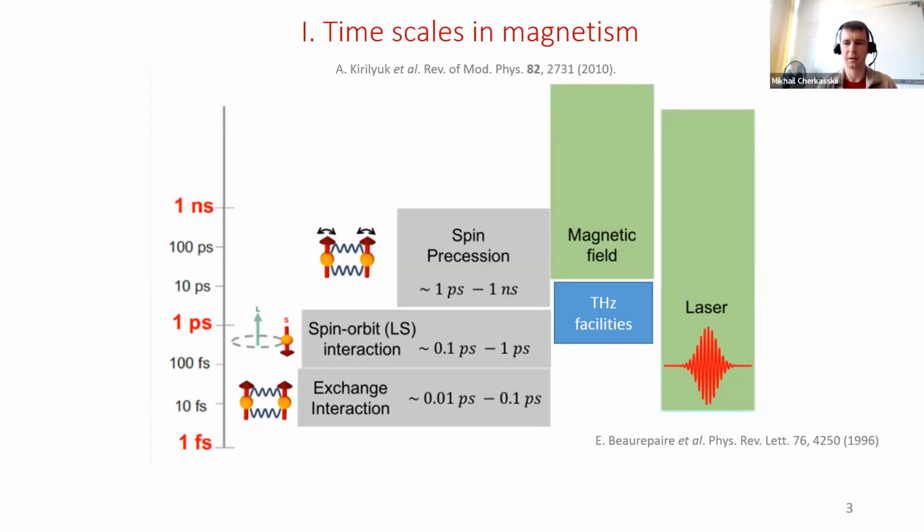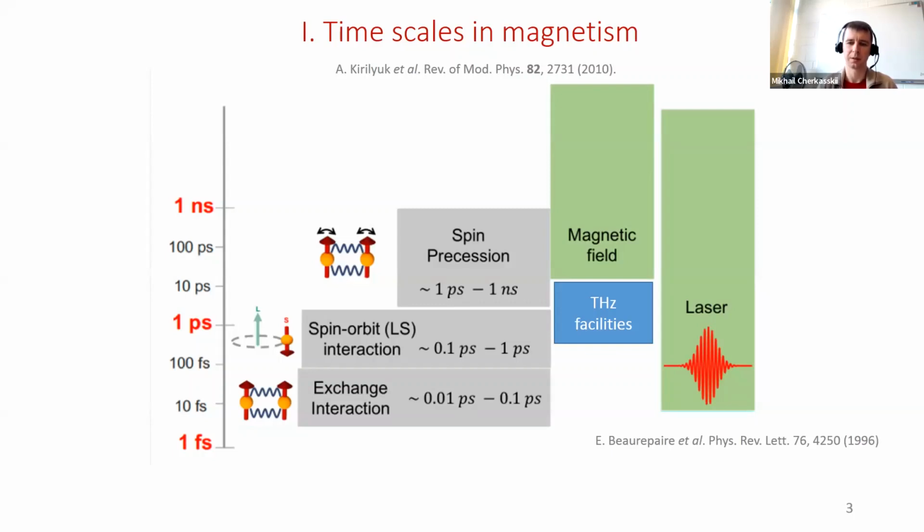Here I will focus on spin-orbit interaction, which is a source of magnetocrystalline anisotropy and Gilbert damping, and as was found recently, it's also a source of inertia of magnetization in magnetic materials.